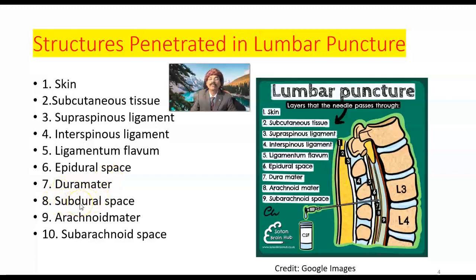Subdural space is just a potential space with minimum or no bridging veins, then arachnoid mater and subarachnoid space. If the needle is in the subarachnoid space, then fluid will come out like this. This image I have taken from Google Images, so credit goes to Google Images.